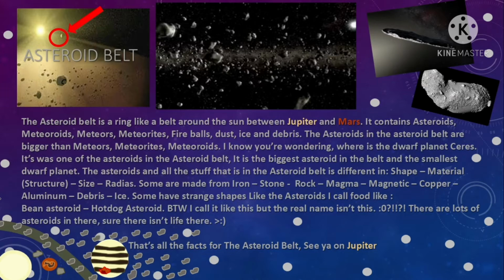Some have strange shapes, like the asteroids I call food-like, like the bean asteroid and the hot dog asteroid. By the way, it is like this. I call it like this, but the real name isn't this, because it looks here like a bean and here like a hot dog. If we draw a bun here and a bun here, it will be a hot dog.